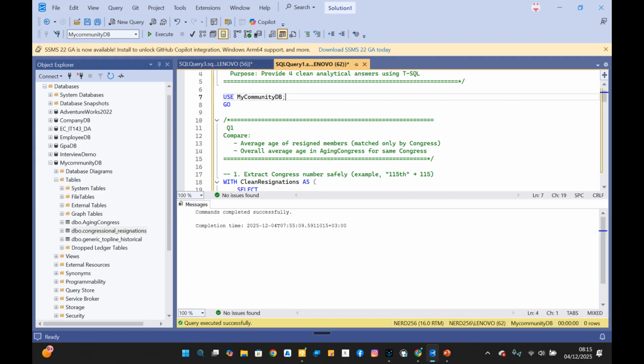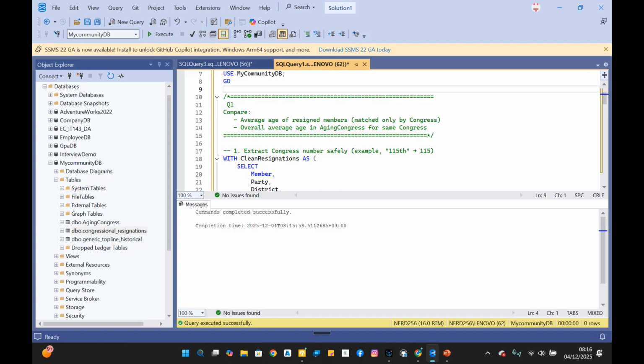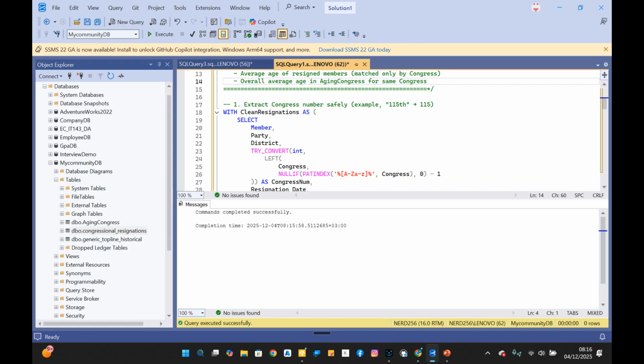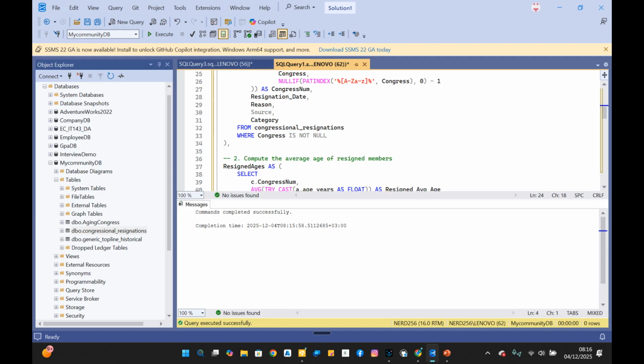let's look at it. We are still going to use the same database like we said. Now, question 1, we are comparing average age of resigned members, and we are matching it by only what Congress. So overall age is also age in Congress for the same Congress. Now, this statement is divided into very many parts.